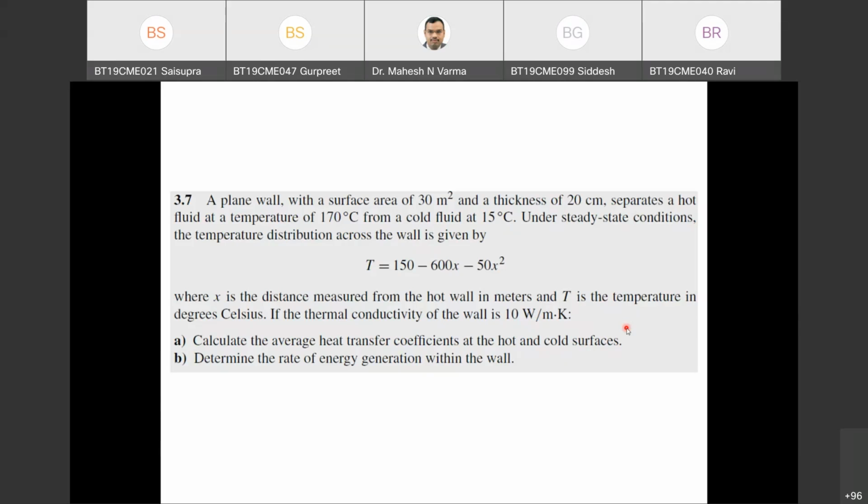and determine the rate of heat generation within a wall. Here you can use minus k d2T by dx square because area is constant.